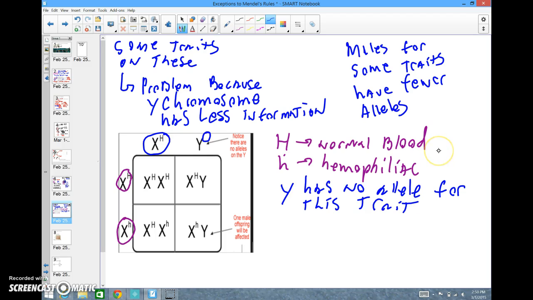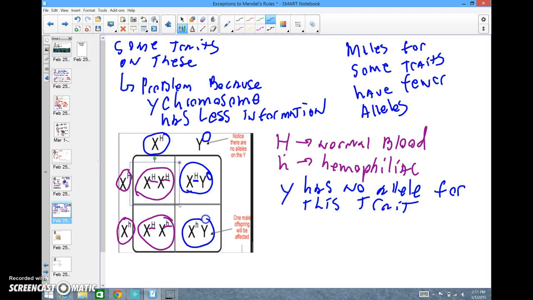And so what you can see down here is that this female right here, she has perfectly normal blood because she has big H, big H. This female right here, big H, little h. So these two parents can't actually have a daughter with hemophilia. But over here what you'll see is that this male has big H and nothing, so he has normal blood because he only has one allele for this trait, so whatever that allele says, that's what he has.